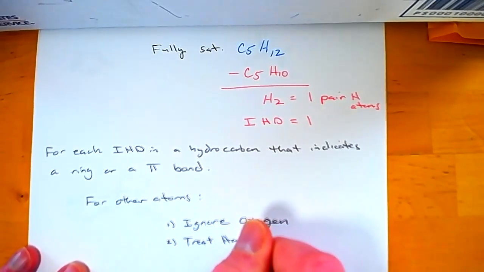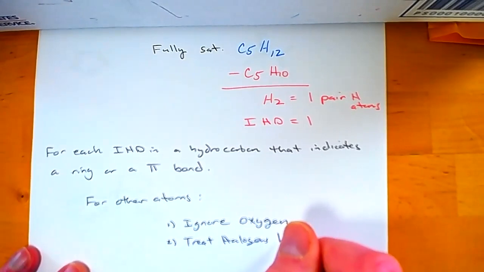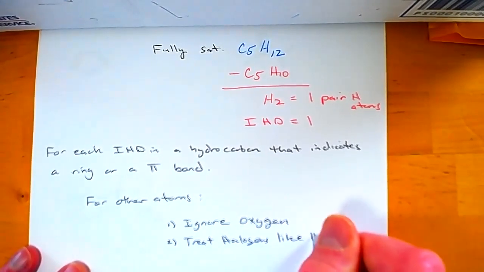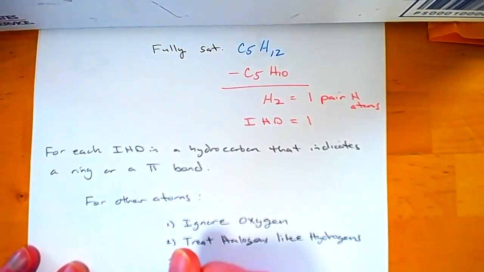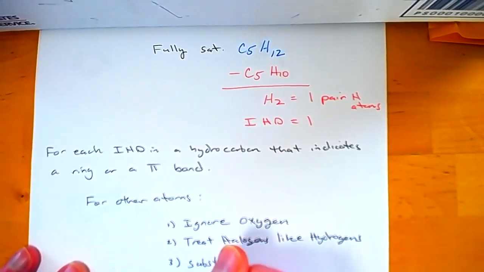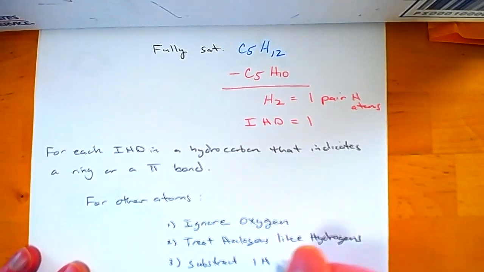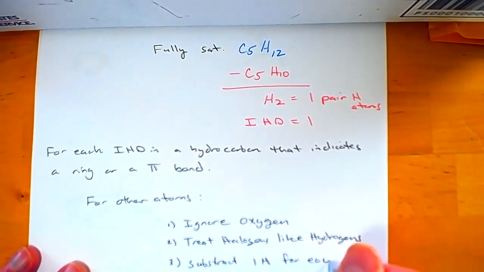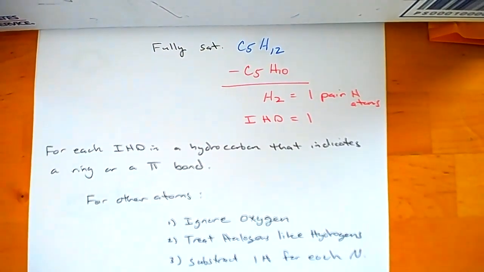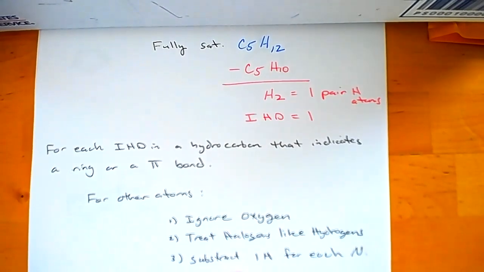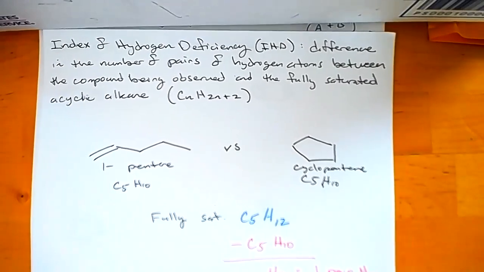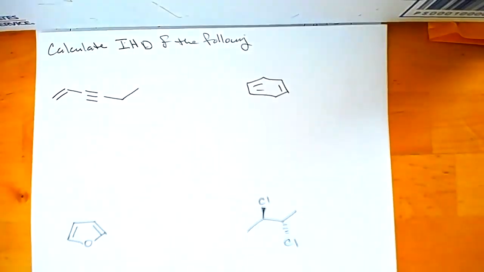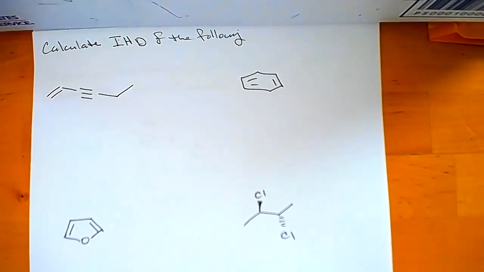Treat halogens like hydrogens when you're calculating your IHD, and subtract 1 hydrogen for each nitrogen in the system. Okay? So with those rules in mind, we're going to try to calculate some IHDs.